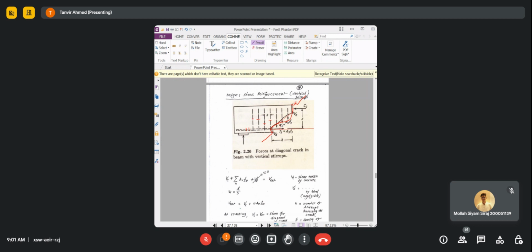The shear stress is FV, and the area of two legs of this one stirrup is AV, and the shear force acting in this stirrup will be AV times FV.